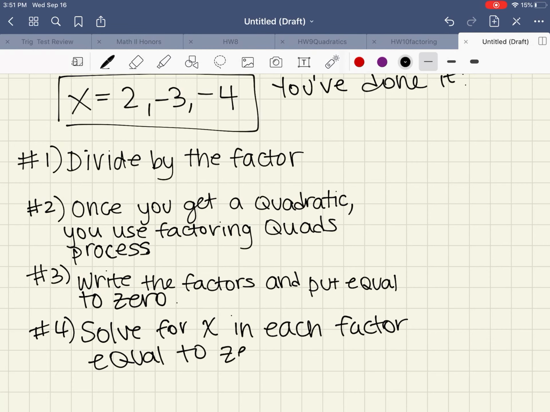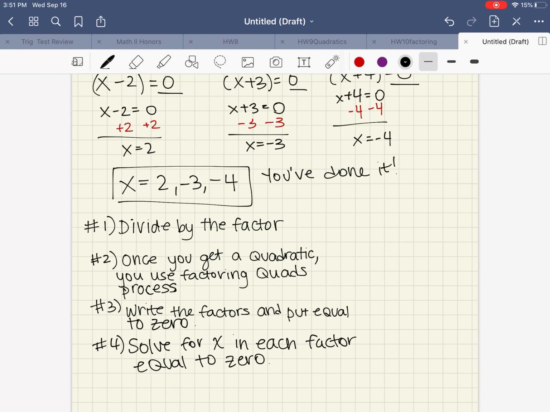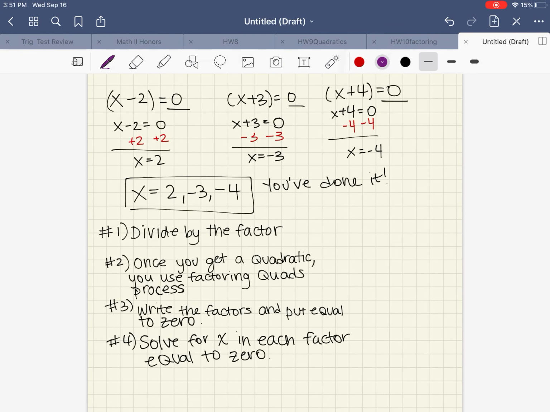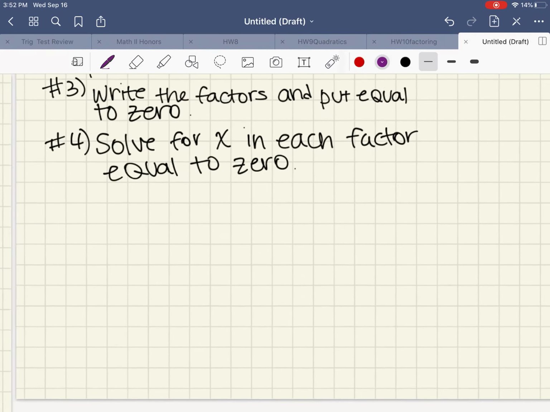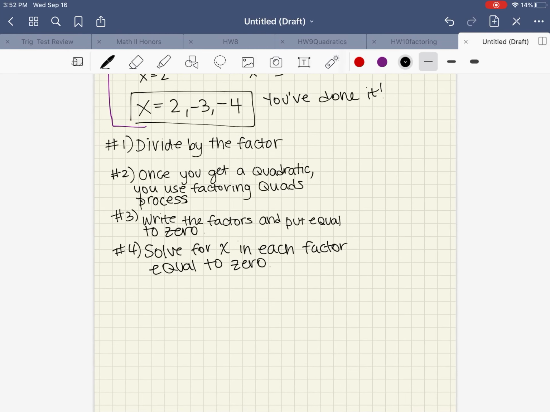Step number 4 is just what we did above. It's this step here, where we set every single one equal to 0, and then we found what x is equal to. So here we had x minus 2 equals 0, x plus 3 equals 0, and x plus 4 equals 0. And that's all it is. That's solving polynomials. If I was going to put it in a graph, here's my graph.